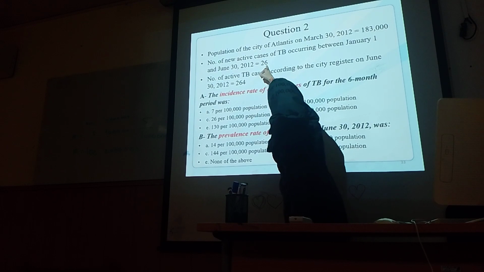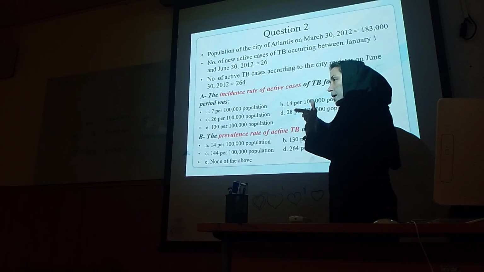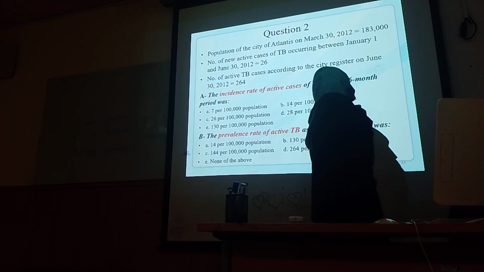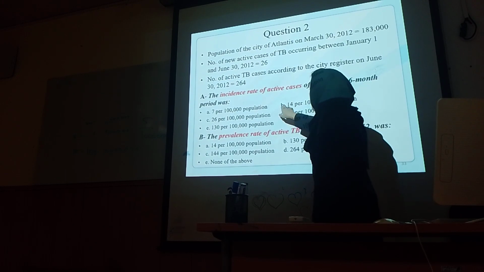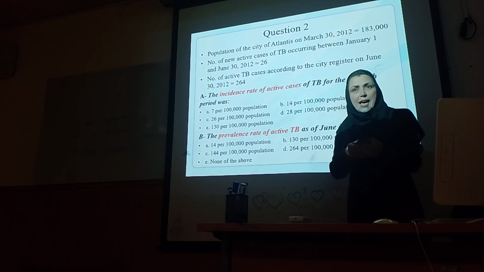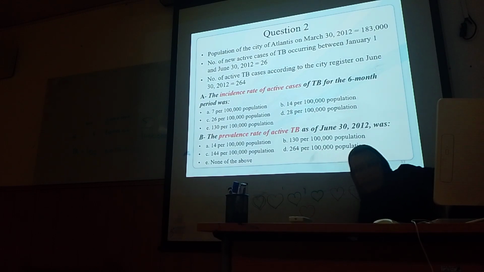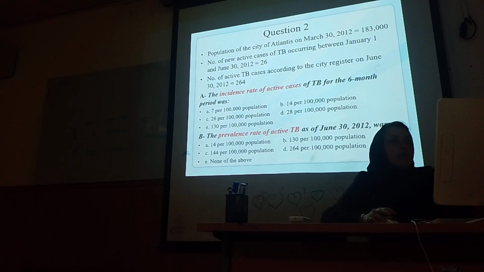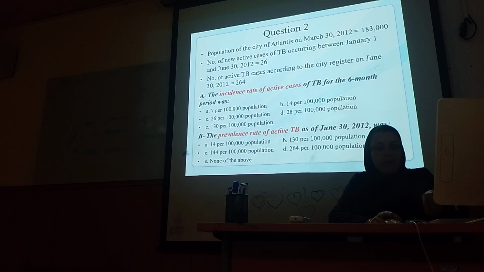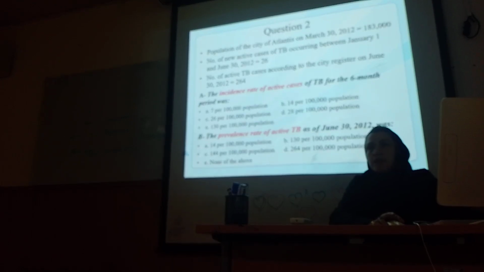So if you divide this by that and express it per 100,000, the number would be 14. So please calculate it at home. It is so easy and you can find it. I will ask you about B tomorrow. Okay?